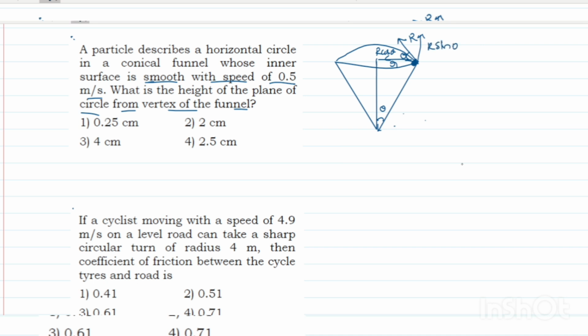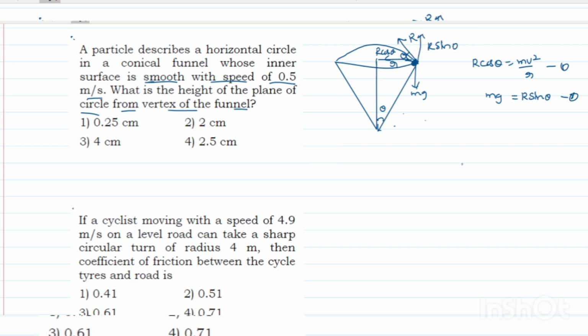At this point, the weight acts downwards, mg. So r cos theta is going to provide the centripetal force, which is mv square by r, and mg is balanced by r sin theta.